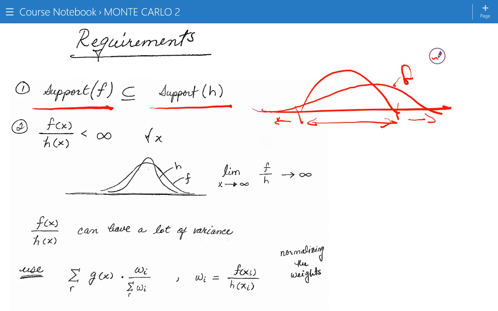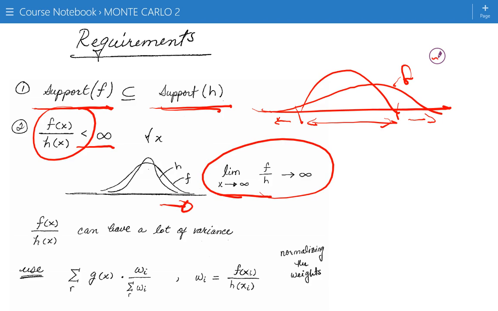So you need the support of f to be contained in the support of h. You also need that the ratio f over h is finite for all x's. What that means is, particularly in the tails, that the limit as x goes to infinity on a continuous space, that this does not go to infinity. This would be bad. We don't want that to happen.